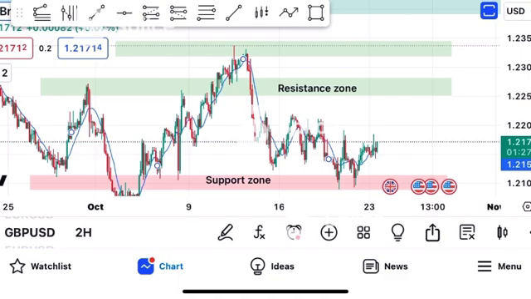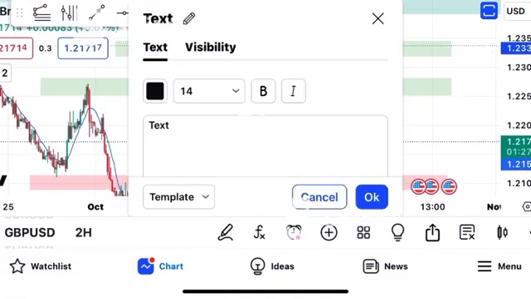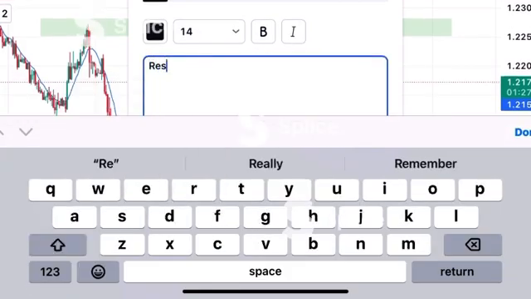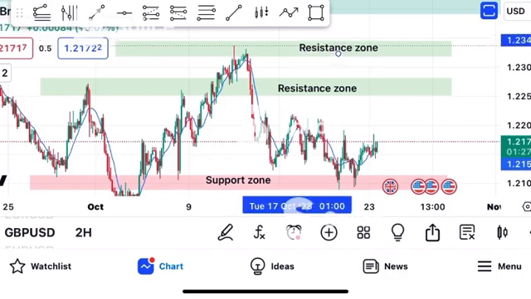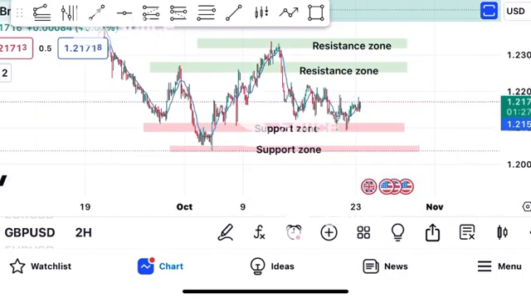Okay, we're gonna identify the other one as a resistance zone too. So we have successfully identified our support and resistance zones.